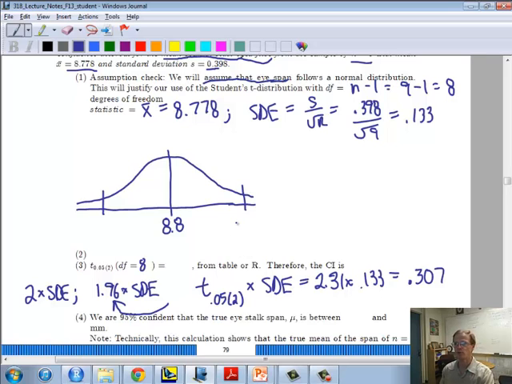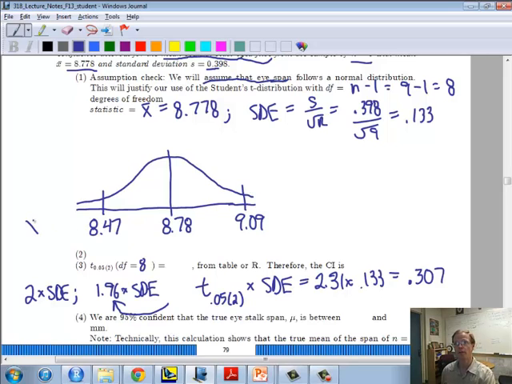And so I add and subtract that to my mean to obtain 8.47 on the small side to 9.09 on the large side, and that's got it here, so I should expand that here.